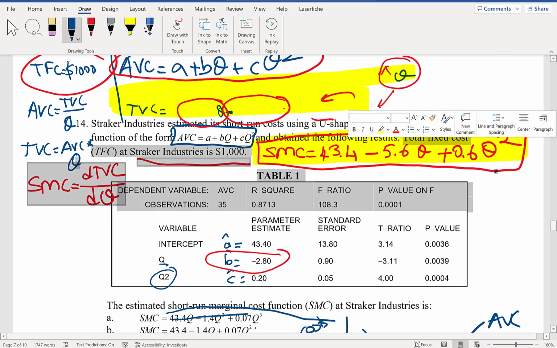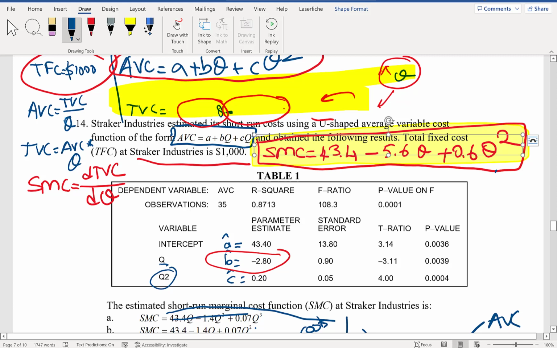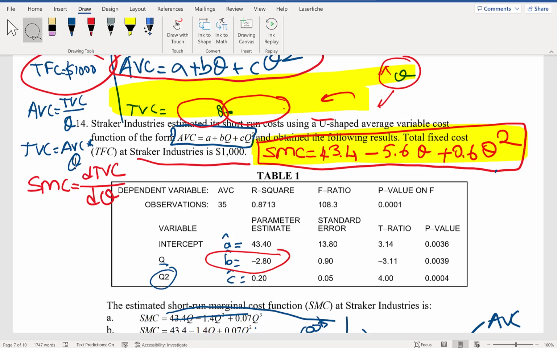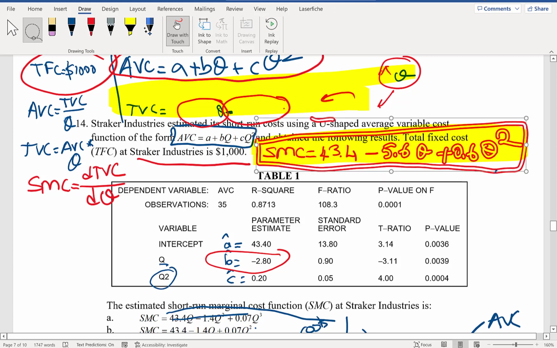Let's see if I can grab the whole thing. Let's try the lasso tool. Okay, let's see. Oh, that was strange. Okay, I'm just going to rewrite it.